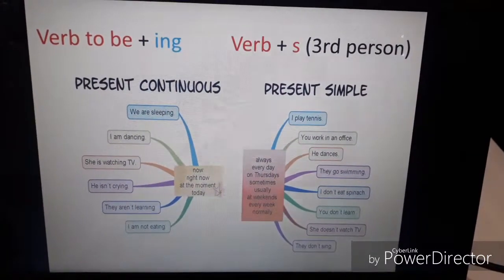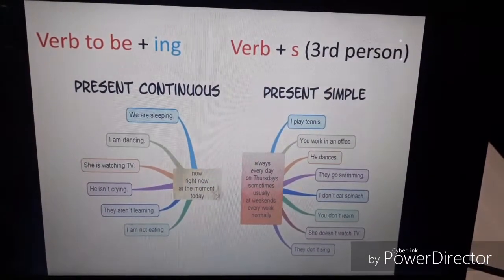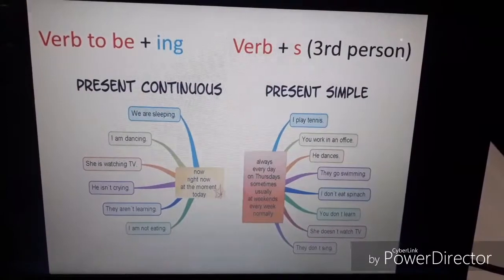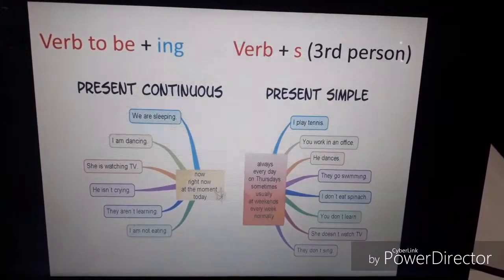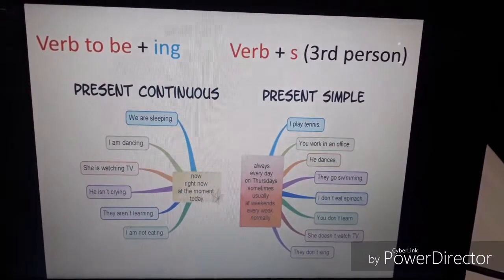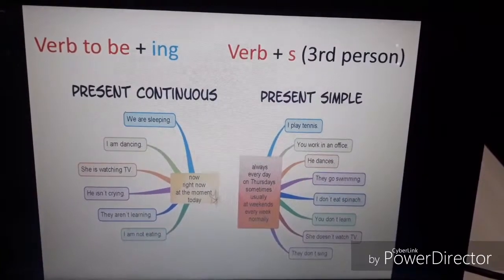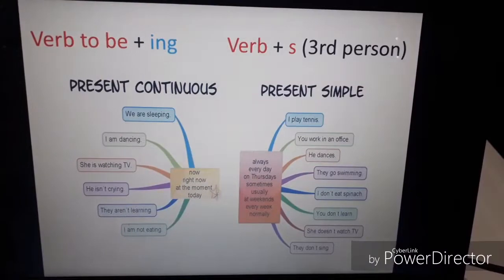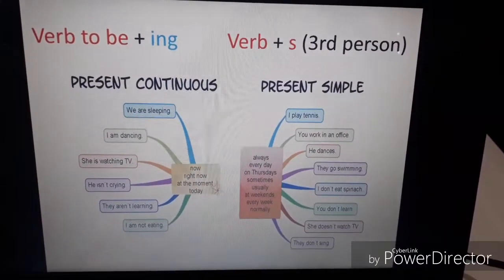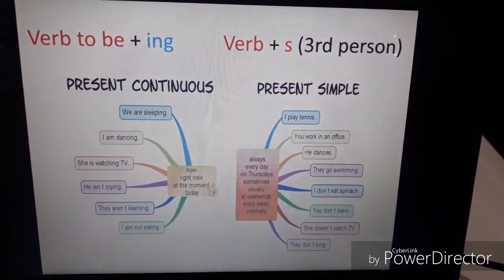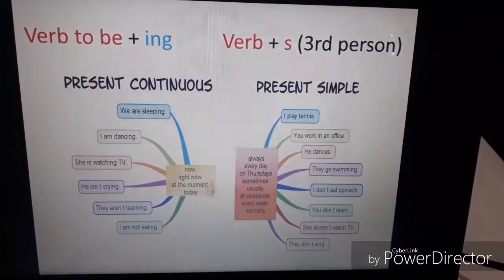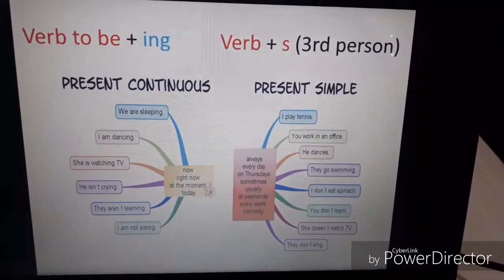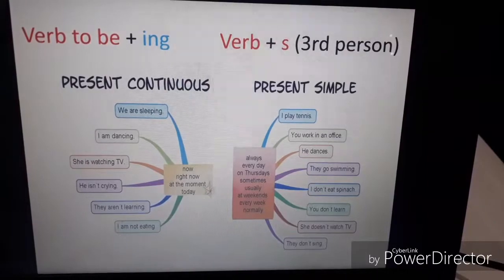We have keywords that we use in present continuous sentences that are now, right now, at the moment, and today. We use present continuous to talk about things that we're doing in the moment when speaking. And present simple, it's really easy. You just need to put the verb in the base form unless you're using third person.